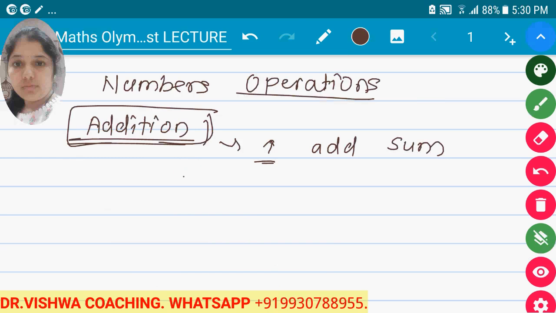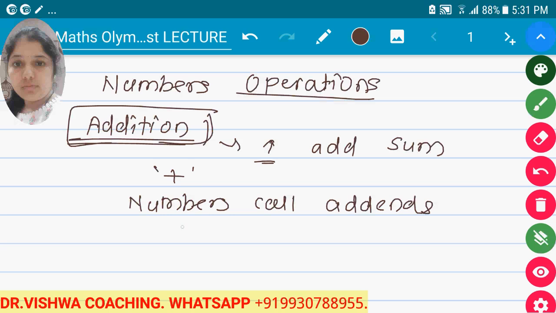It is denoted by the sign plus, and when we add two numbers, those numbers are called addends, and their answer or the result is known as sum. Okay, so total, sum, addition, increase in the count or the number is known as addition.